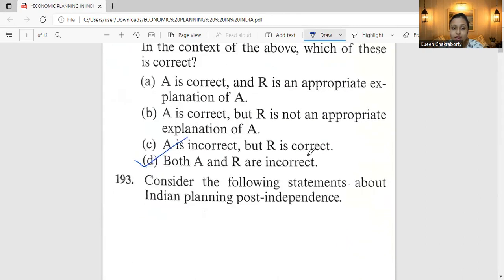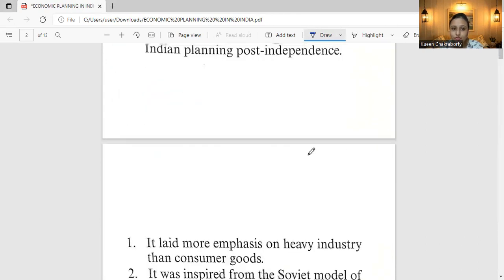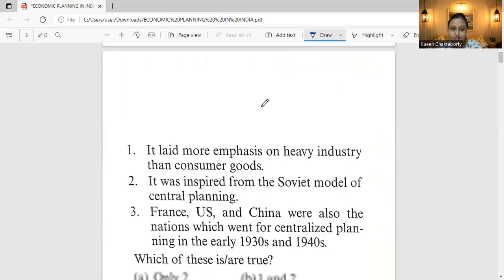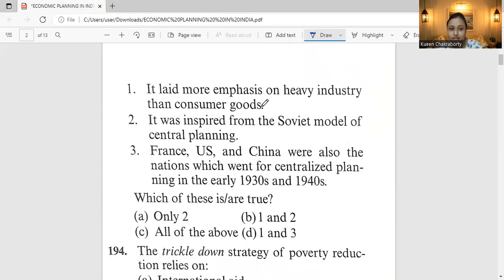Next, moving to question number 193. Consider the following statements about Indian planning post-independence. And we have three statements. It laid more emphasis on heavy industry than the consumer goods.